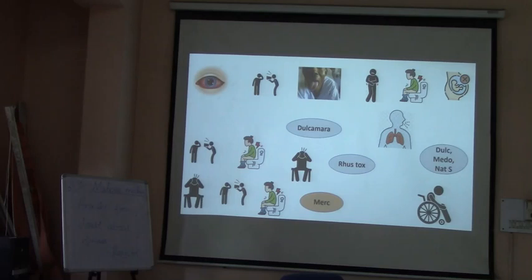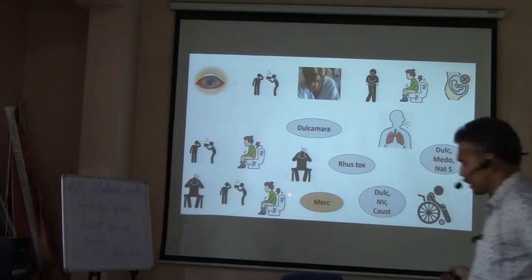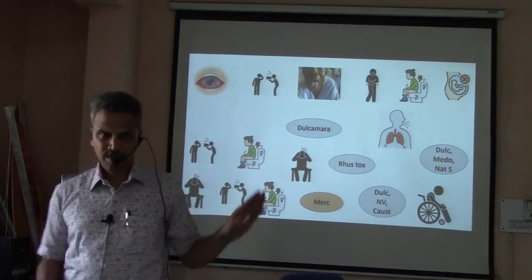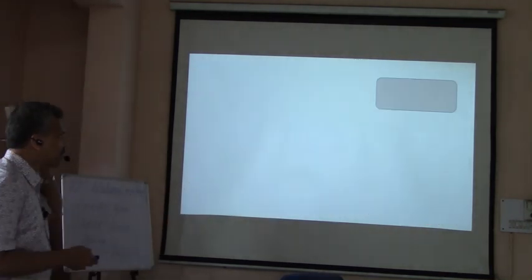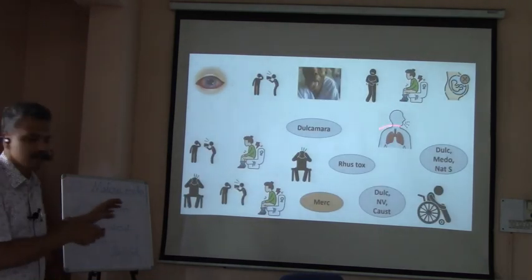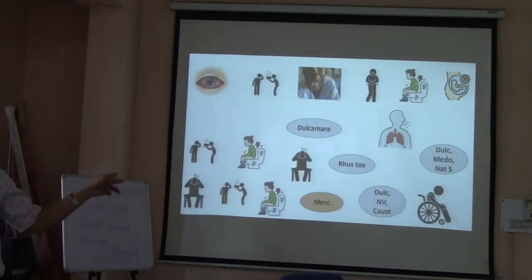Paralysis: three remedies, Dulcamara, Nux vomica, Causticum. So Dulcamara, reflux, Merc is what we predominantly explored. We look at a few more things here. So this was about exposure to cold, wet weather.